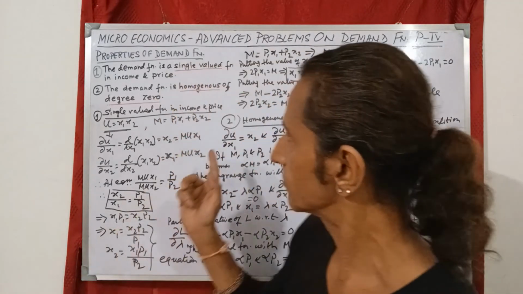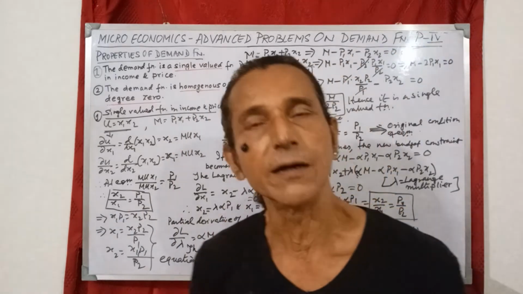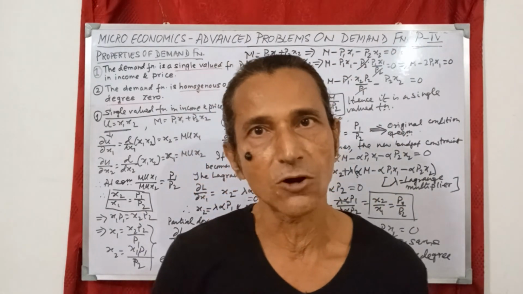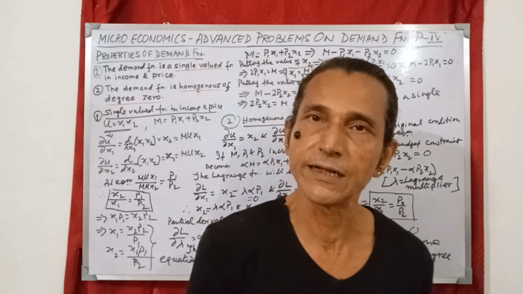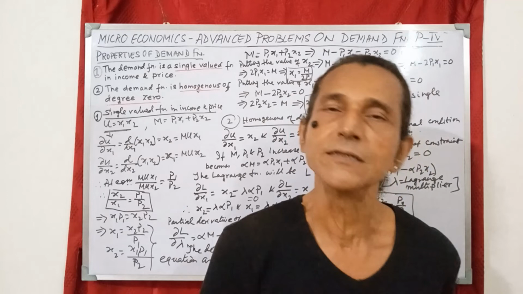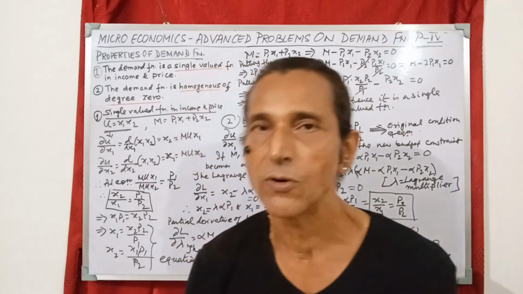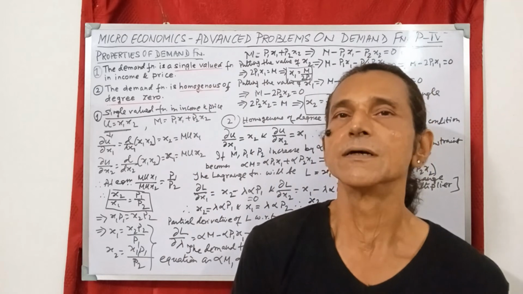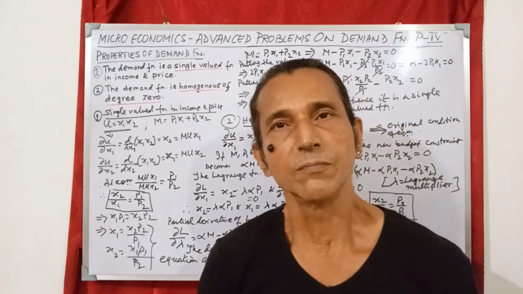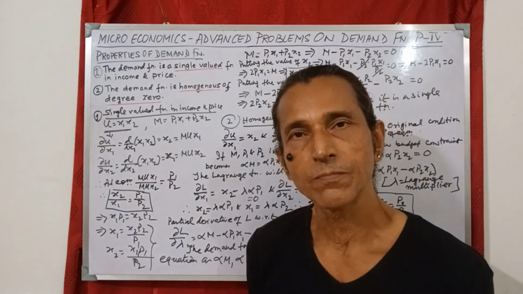And the second property means that if the income of the consumer and prices of the commodities change in either direction, that is, they either increase or decrease in the same proportion, then there will not be any change in quantity purchased by the consumer. That is, the consumer will buy the same bundle of commodities as he or she was doing before the change.